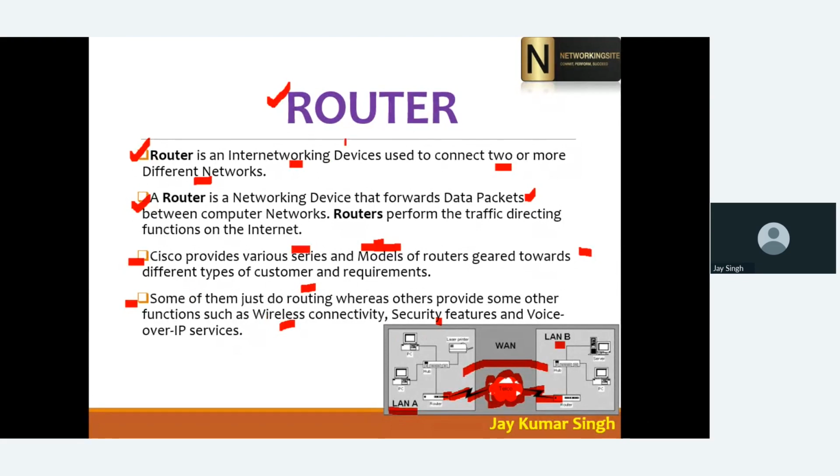But as we are learning about routers, the basic router supports routing functionalities and some security functionalities also, and other kinds of routers provide different types of models and series inside a single router. But the router we are going to work on will only support routing functionalities and security functionalities, not voice over IP and not wireless.